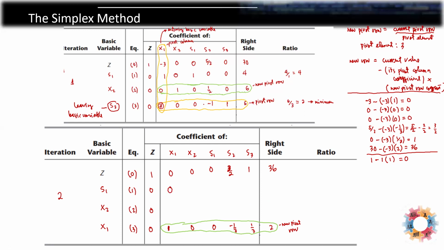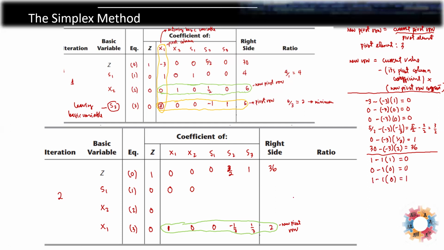And then next is 0 minus pivot column coefficient is 1 times your new pivot row coefficient is 0. So that's equal to 0. Then next is 1. 1 minus 1 times the new pivot row coefficient, which is 0.